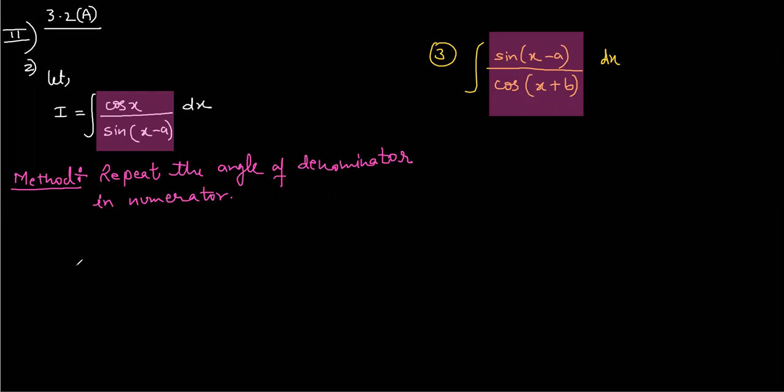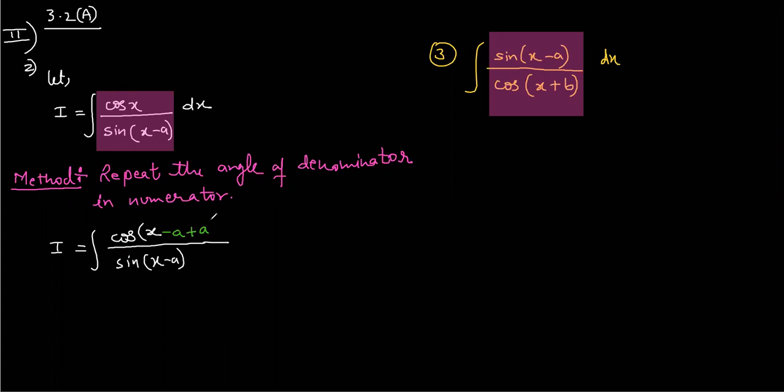So see, students, how I do it. I write I equals to, the denominator angle is x minus a, so I would have to repeat it in the numerator. So I have cos of x, and since I want the same angle which I have in the denominator, I would write here minus a, and since I wrote minus a, I will have to write plus a.